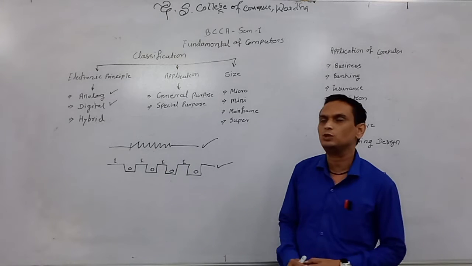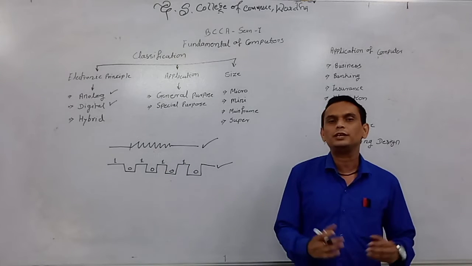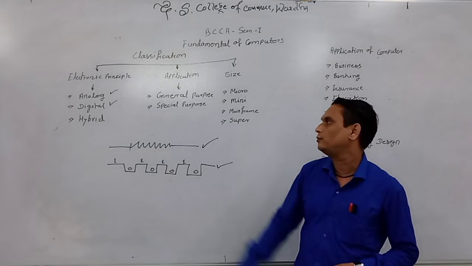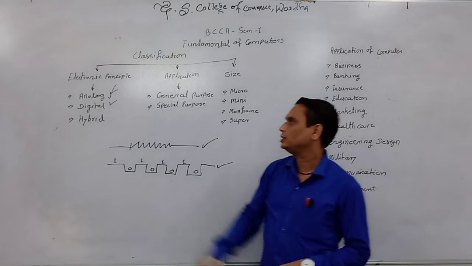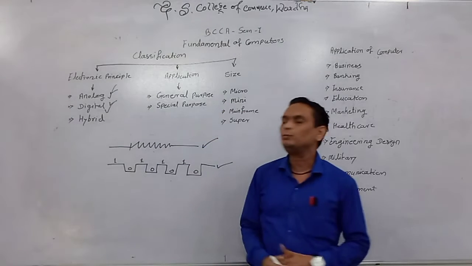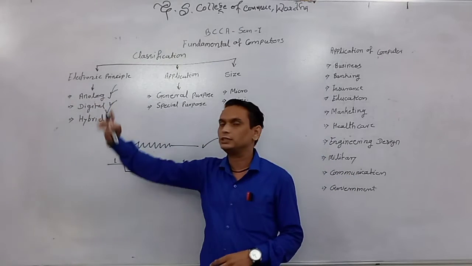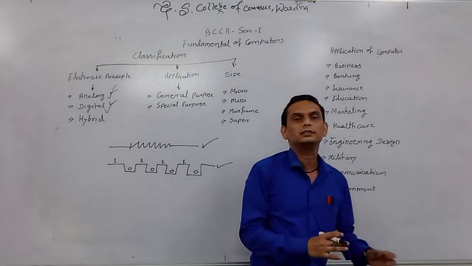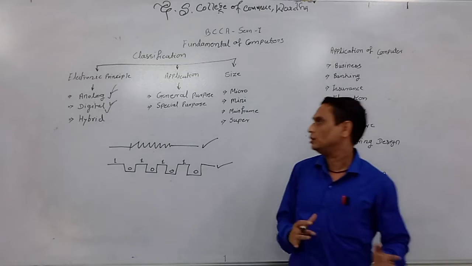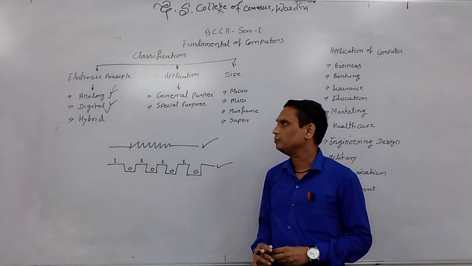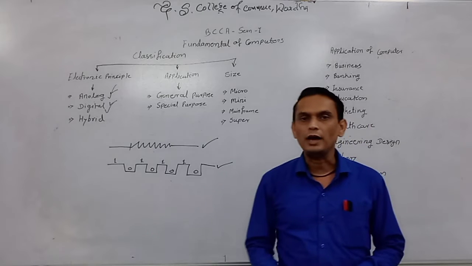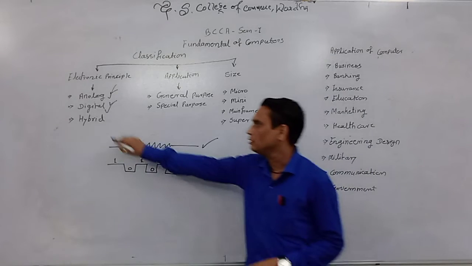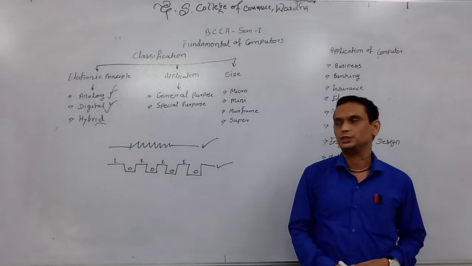In some situations we need that, because some data is always in analog form and must be converted into digital. Both works cannot be done in a single analog or digital computer. Therefore, analog and digital are combined, and that combined system is called a hybrid computer system.